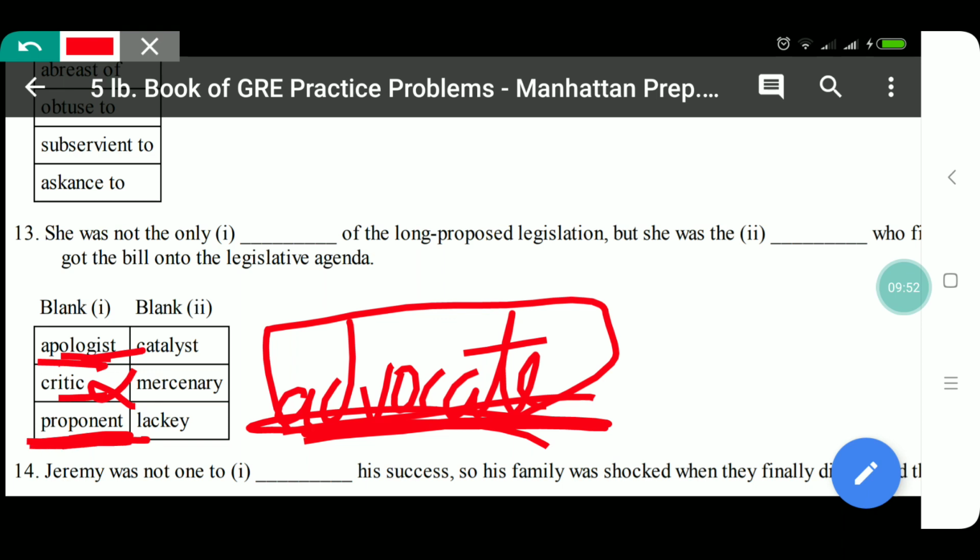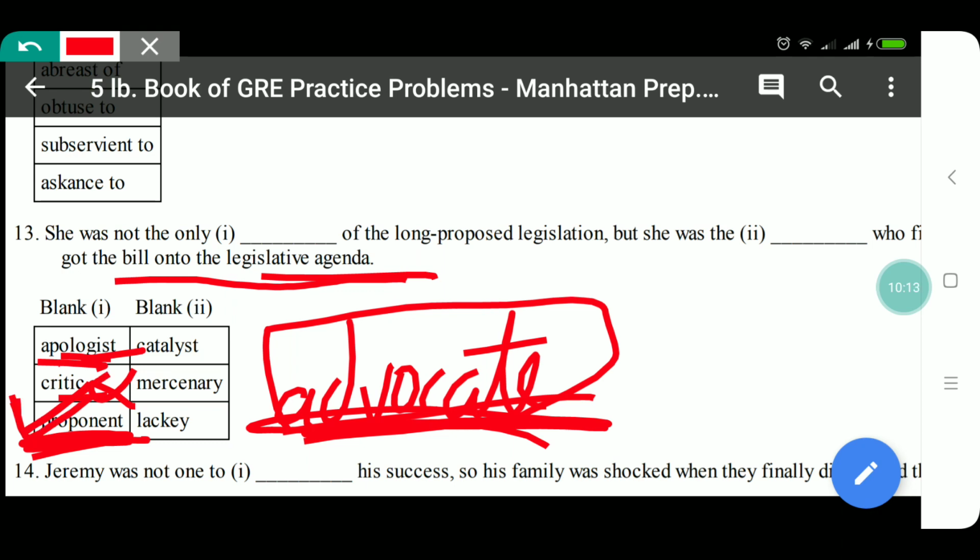And based on the higher intensity of work or favor toward that bill, the bill can then be brought onto the legislative agenda. So this proponent is pretty much going with the blank. So the correct option over here is proponent.